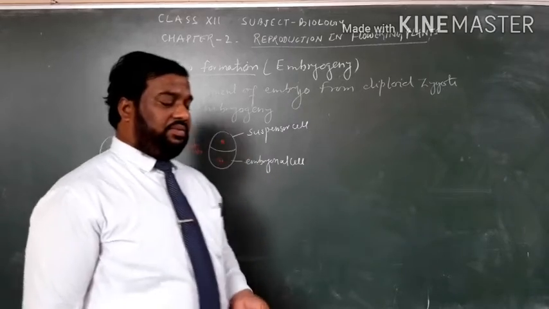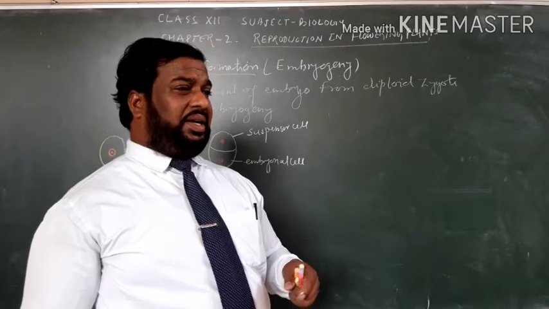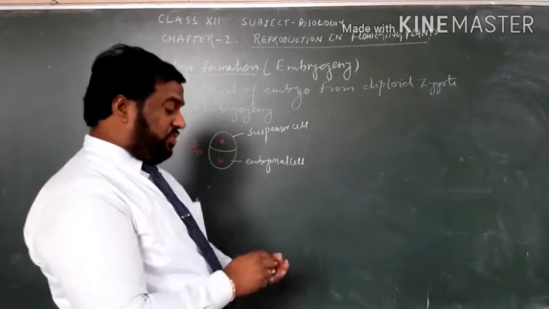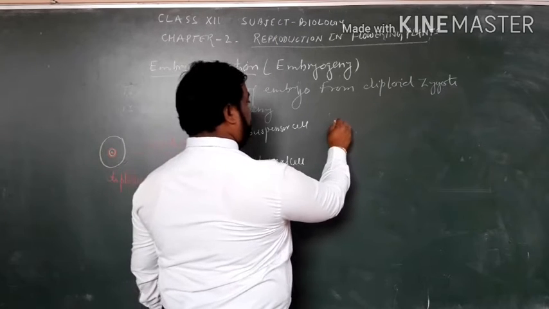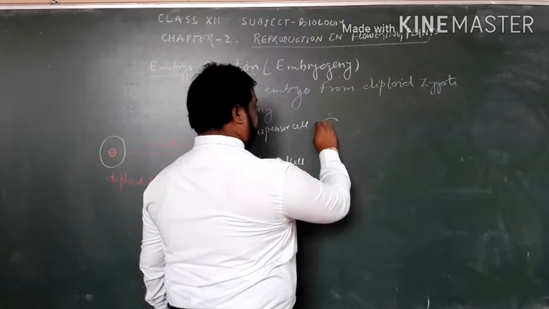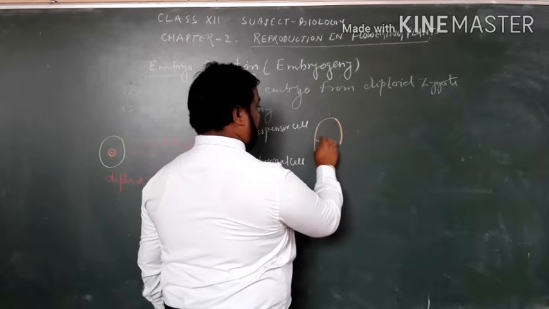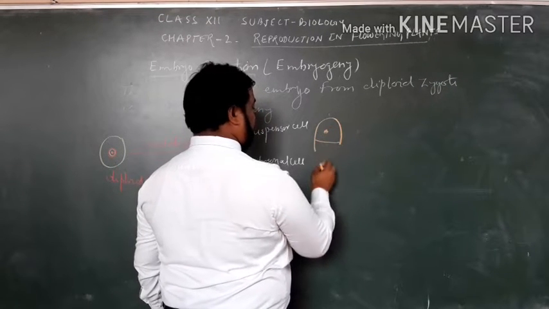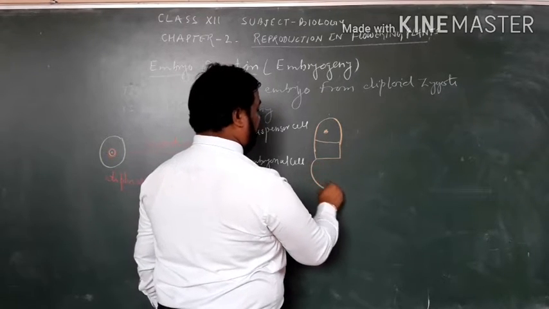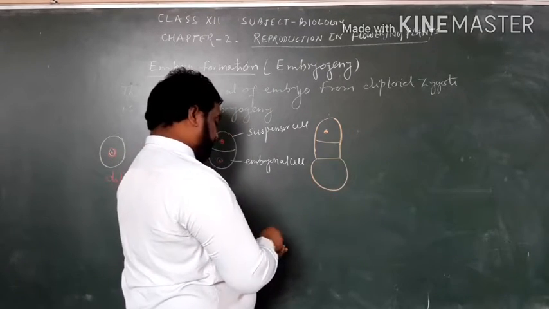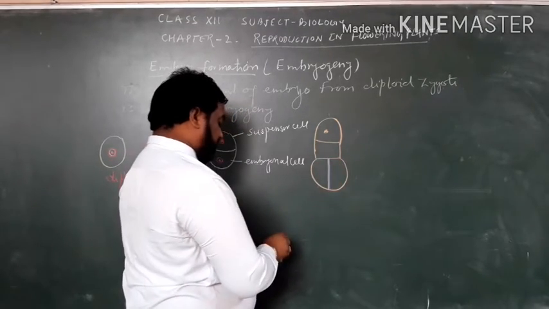Both the cells again divide mitotically. It is a transverse division and it forms an upper cell by transverse division, while the lower cell divides longitudinally like that.